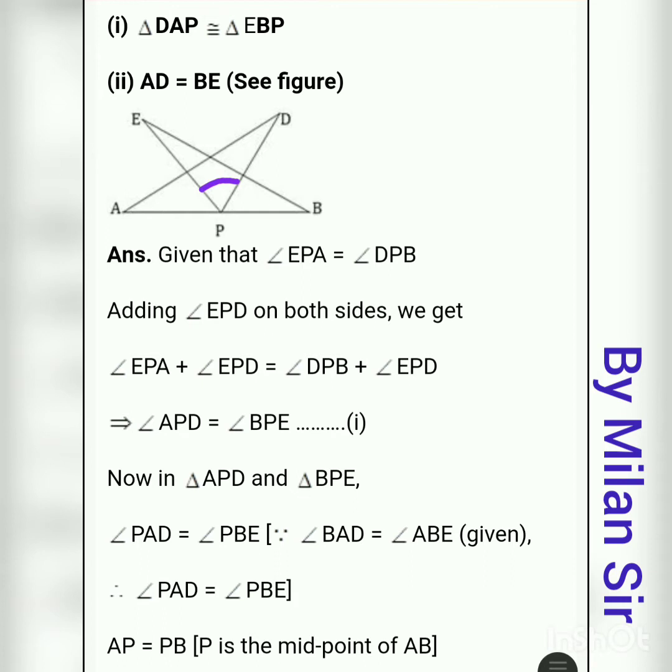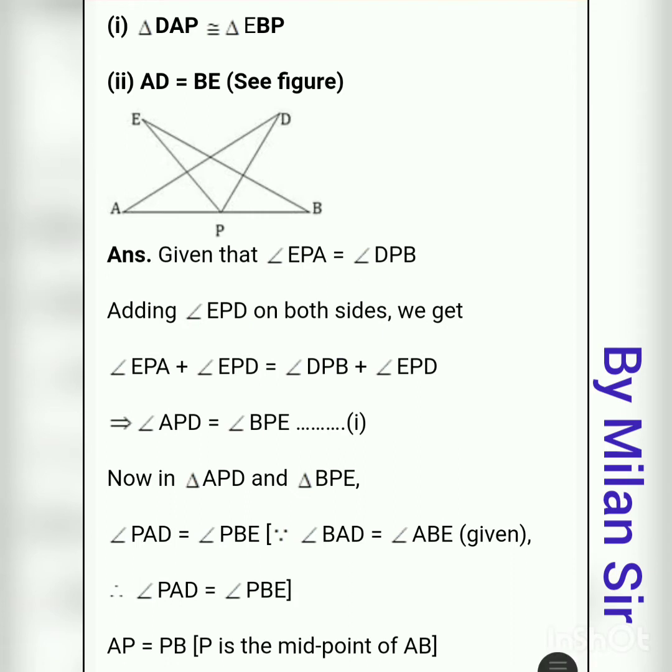So here it is given angle EPA is equal to angle DPB. Now add this common part EPD on both sides. So angle EPA plus angle EPD is equal to angle DPB plus this common part EPD.